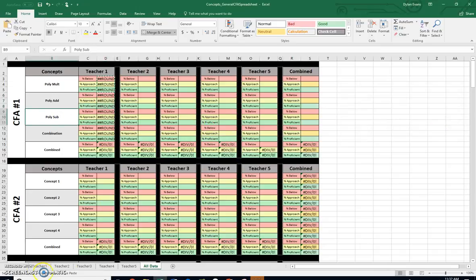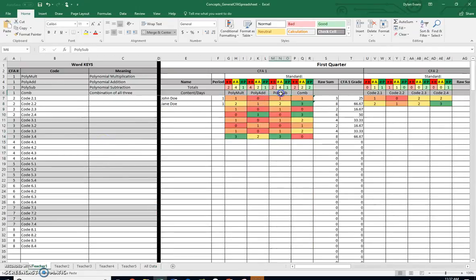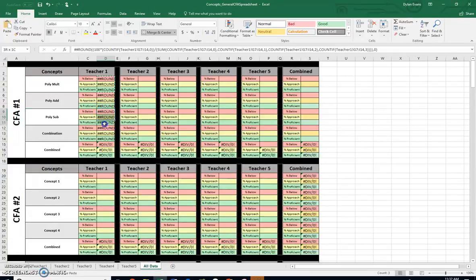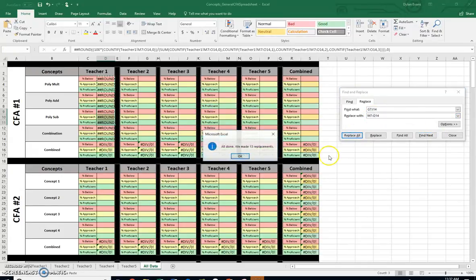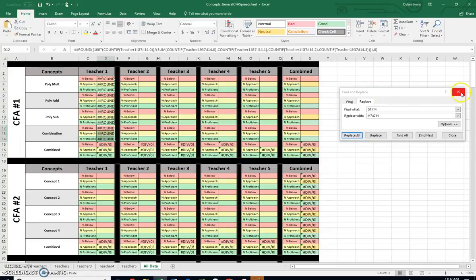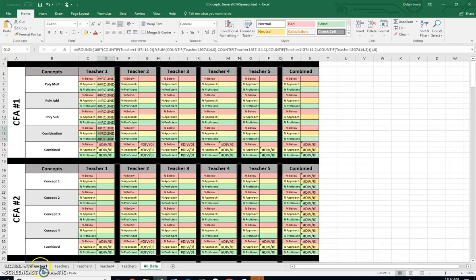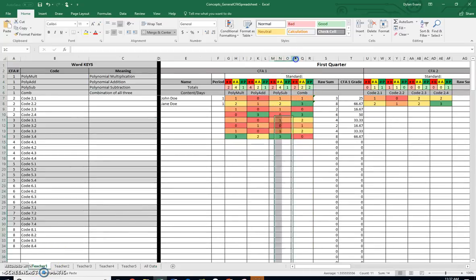Then for subtraction, that's from M7 to O14. So for subtraction, I want to change all of those ranges to that. So find G7 through I14, replace with M7 through O14, replace all. And then, lastly, for the combination part, I need to find out the range of cells for that.